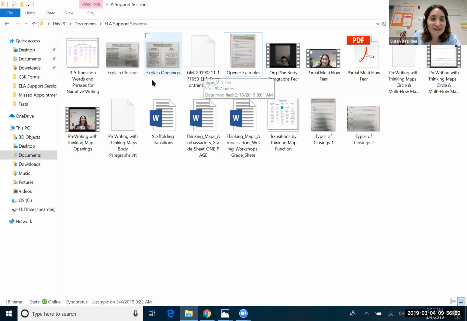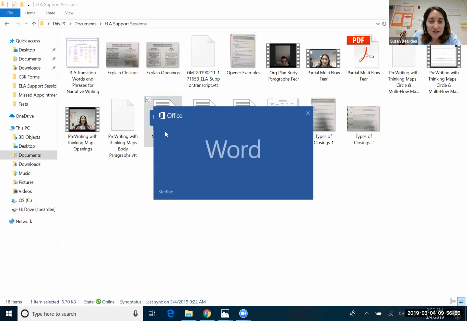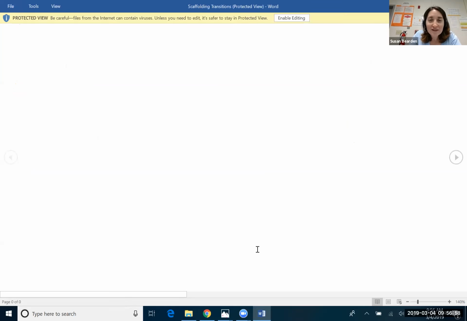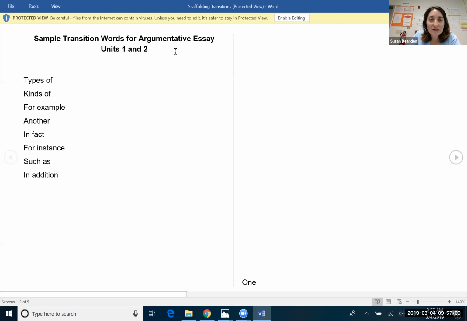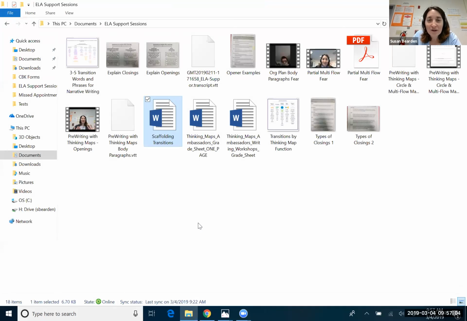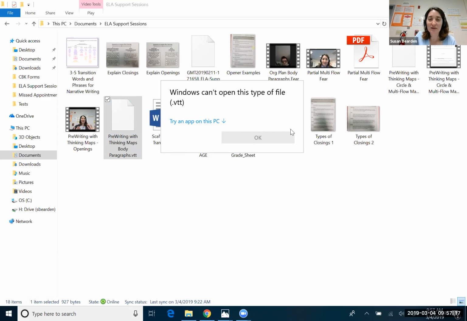I'm sorry, guys. Here we go. Nope, that's transitions, isn't it? Okay, nope, that's not the document I wanted. Okay, ladies and gentlemen, I had more examples that were specifically targeted to what we're doing, and I can't seem to locate them just at the moment. Let me try one more time. One more document. Nope, we can't open that file. Well, of course not. Okay.